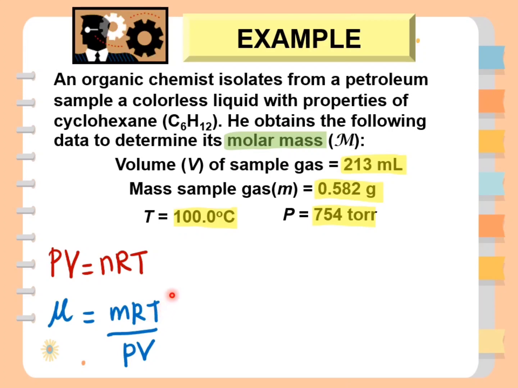And then the temperature, so we have 100 degrees Celsius here, but be careful, the temperature, if you use the ideal gas equation, must be in Kelvin. Yang ni mesti dalam Kelvin, so you kena convert dulu dalam Kelvin. And then pressure we have in torr, 754 torr. Macam mana nak convert torr jadi ATM?